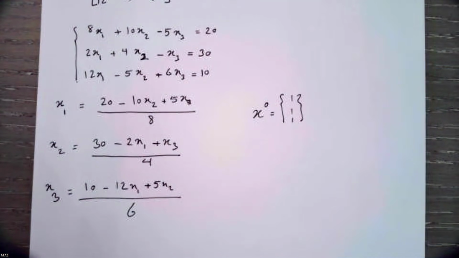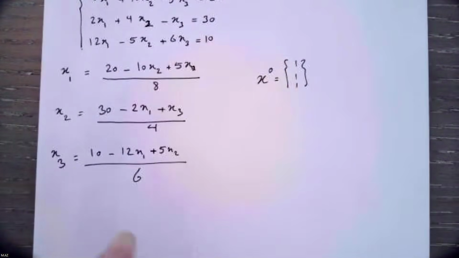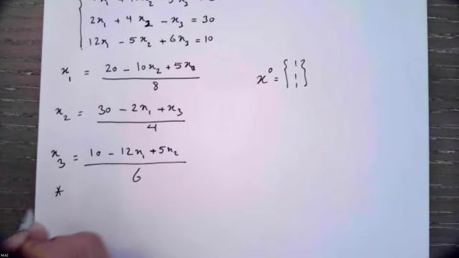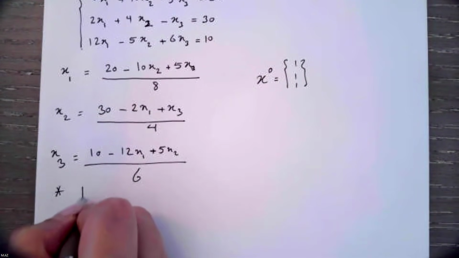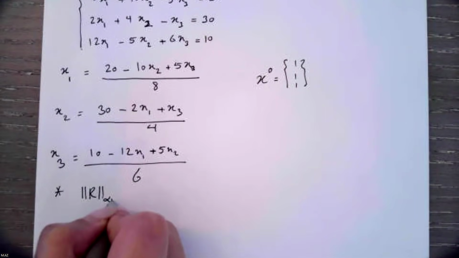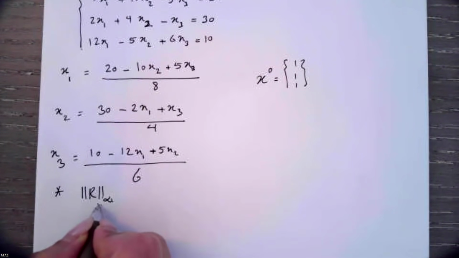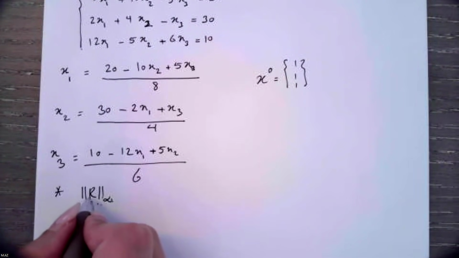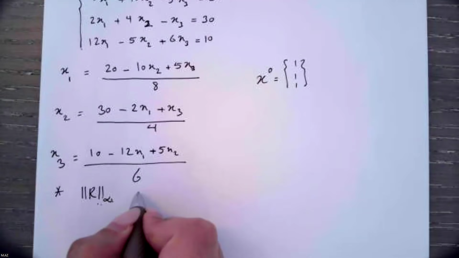Now we have to answer each part of the questions, but I just want to add one part. Find the infinity norm of the residual for the initial guess.